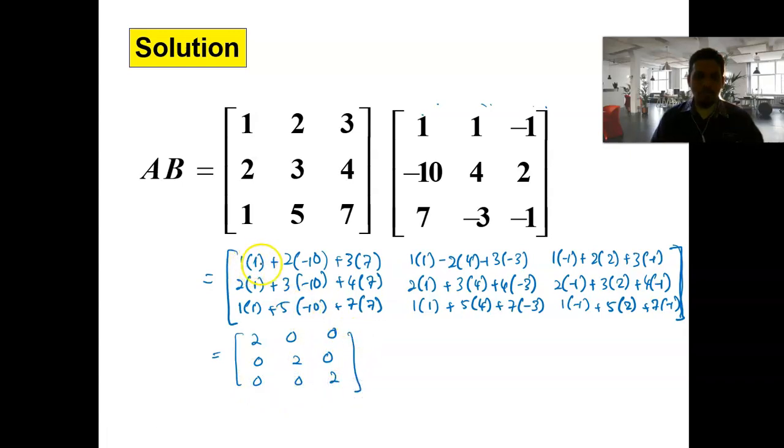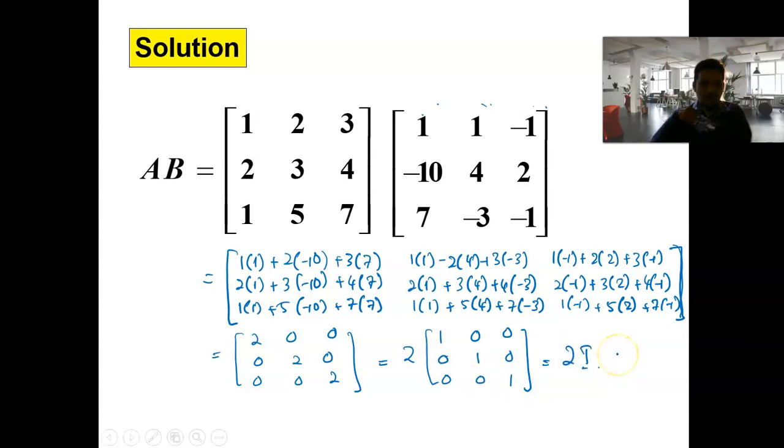You should count it one by one and make sure that this is the one you're going to get. So 2, 2 and 2 here, we just say 2, and then 1 0 0, 0 1 0, 0 0 1, or 2 multiplied with I. Okay.